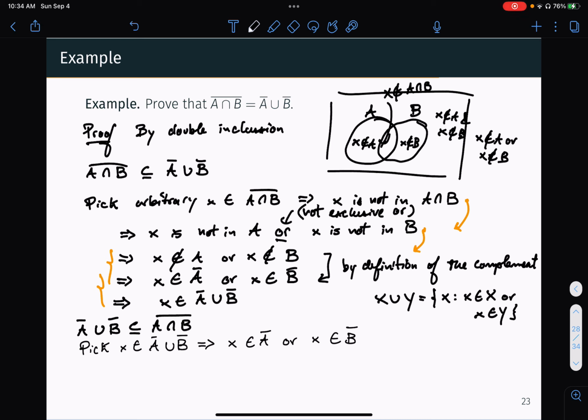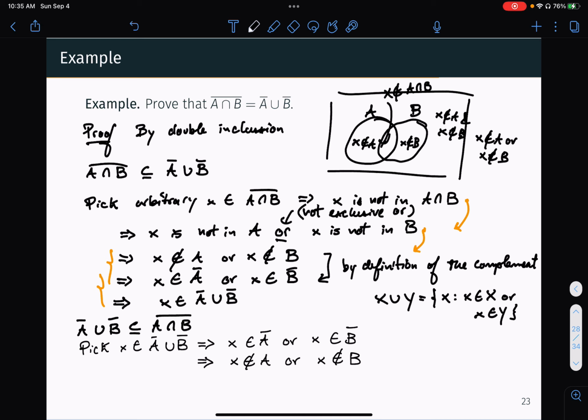So X isn't in A or it's not in B. What does that imply? So this implies that X is not in A or X is not in B. Okay, so I know that either of these two things are true, or both, right? So either X is not in A, or X is not in B, or perhaps both, right?